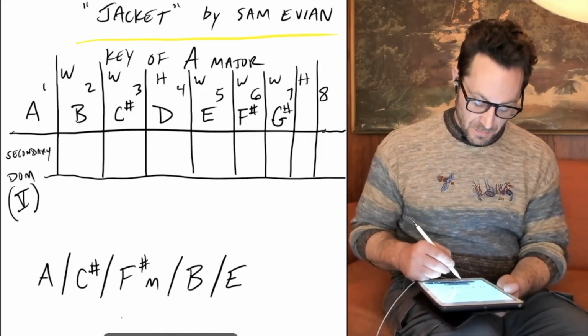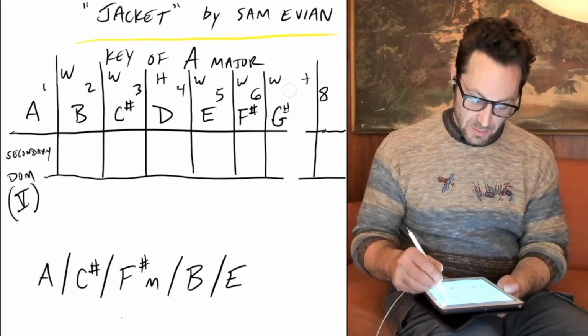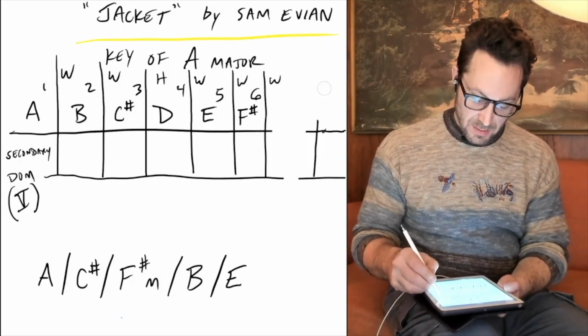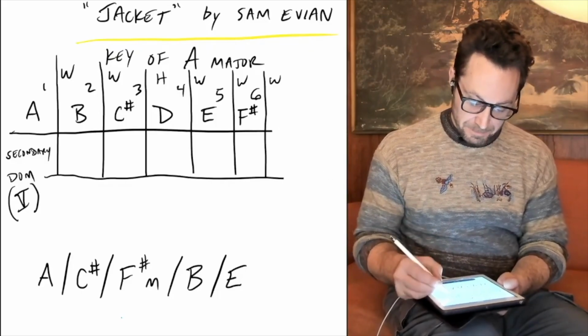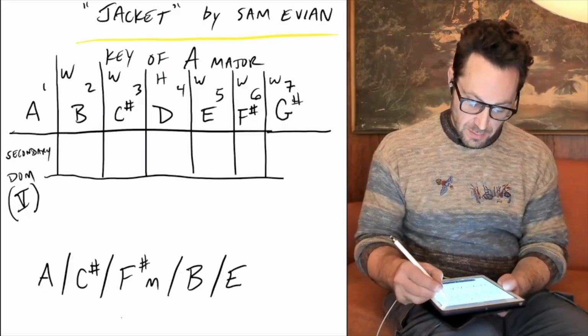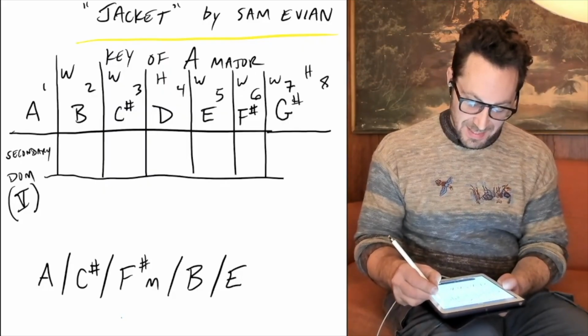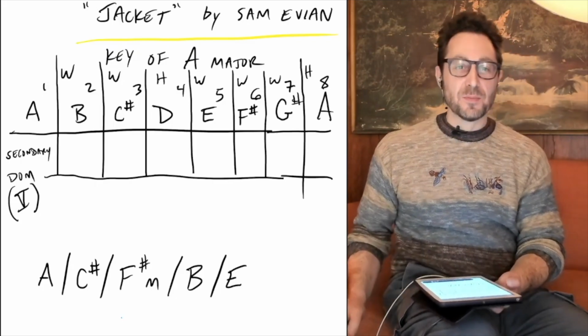Here we go. I tried to plan ahead and put a line where there shouldn't be one. This is getting cleaner. Here we go. That's a G sharp in the 7th spot. And then there's a half step to get back to that 8th. There we go. That's what I meant to do.